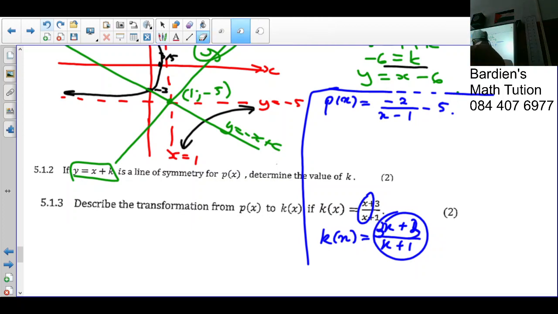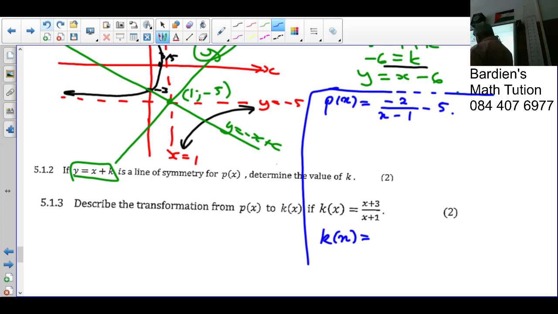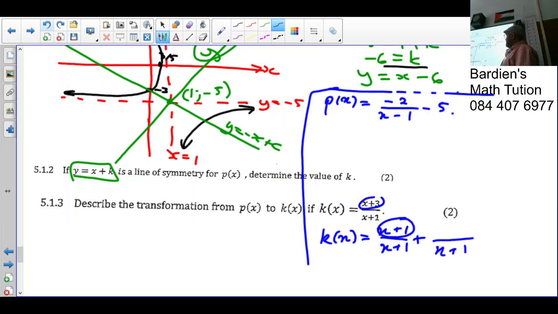Since there's no number, I just realized now early on when I had that 5 in front, I could have gone with the same idea. But okay, it's gone now. So it's going to be x plus 1 over x plus 1, plus. What must be added to x plus 1 to get x plus 3? 2.